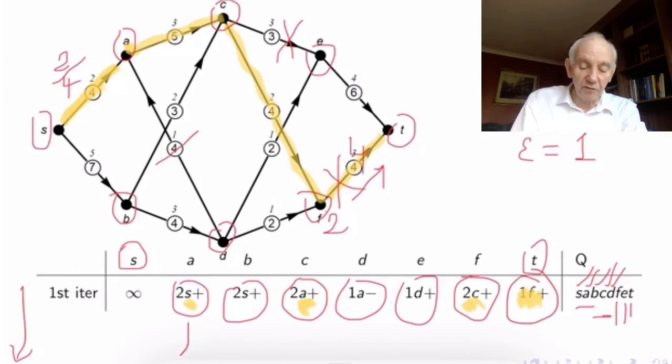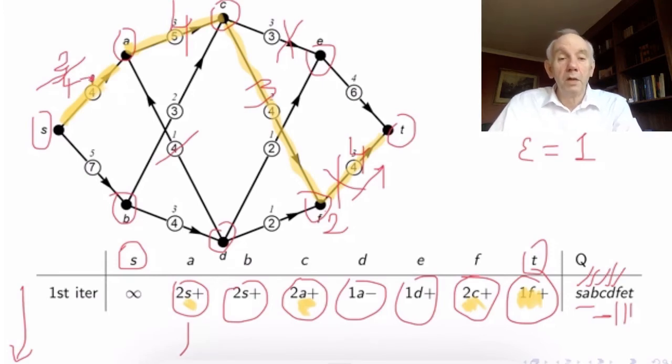Instead of a flow of 2, this becomes a flow of 3. Instead of a flow of 3, this becomes a flow of 4. And instead of a flow of 2, this becomes a 3. So we've updated those numbers. We don't change the other numbers, okay? But we now start again and do a new iteration with those numbers.